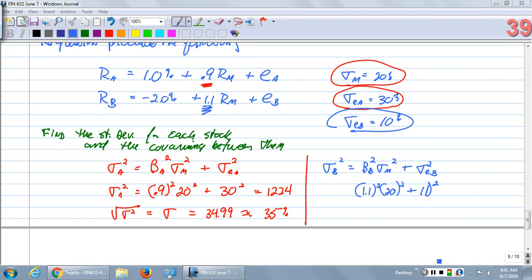And so if we multiply that, we're going to get 1.1 squared times 20 squared plus 100. I get 584. And if we take the square root of 584, I get 24.17.